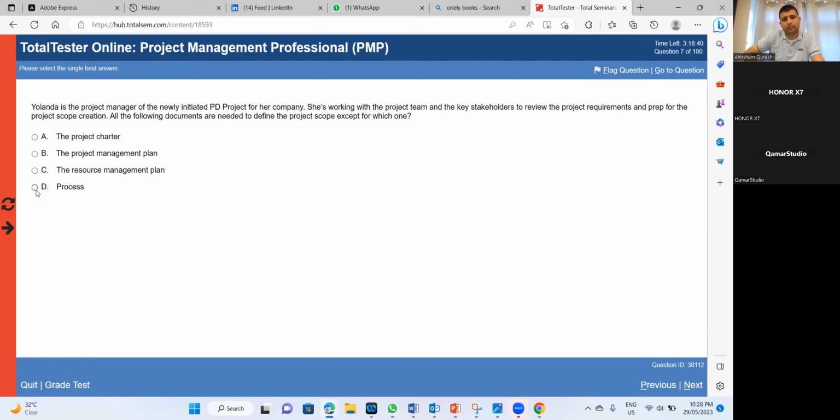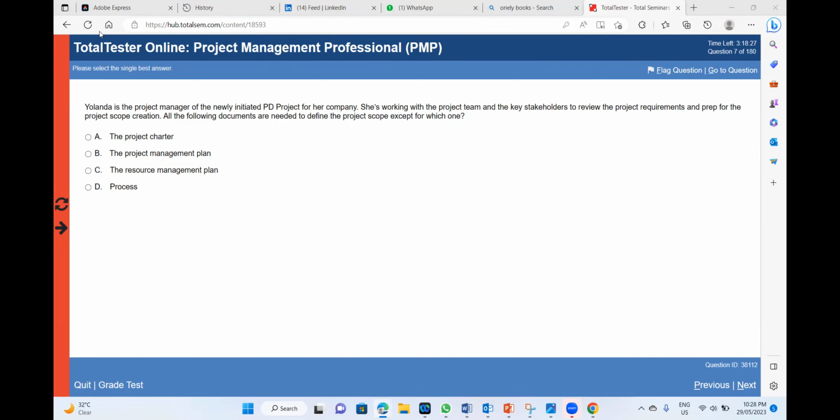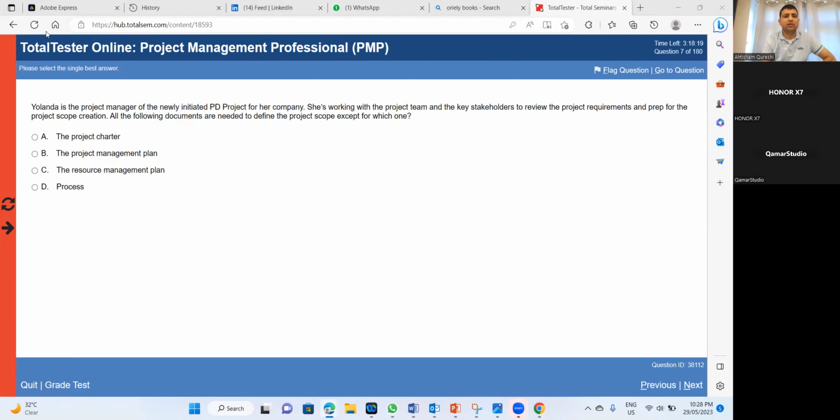Maybe it will not be part of the scope directly, but it will impact the project team and project manager also. Initially we are not discussing the scope with resources, what you need. So maybe this will not be in the discussion also.